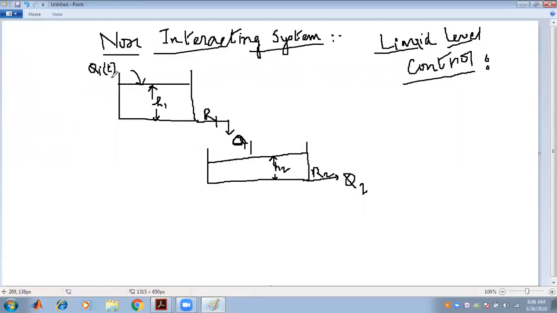The assumption is that the liquid density remains the same, and both tanks have a uniform cross-sectional area. Now for tank 1 we can write the mass balance, the mass flow in. This is tank 1, and this is tank 2.